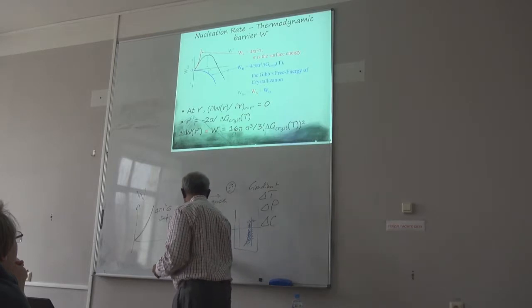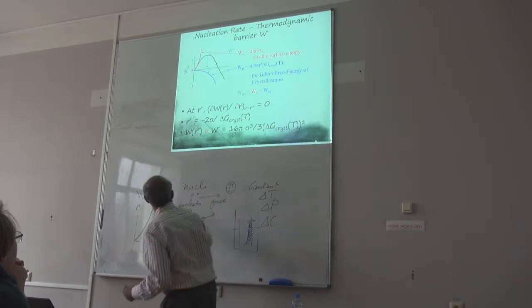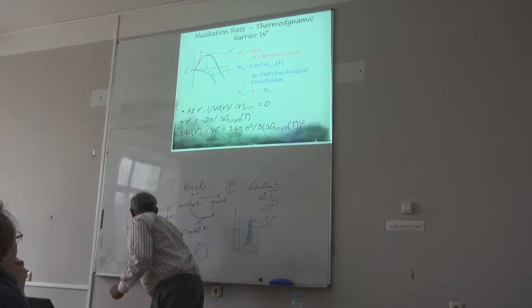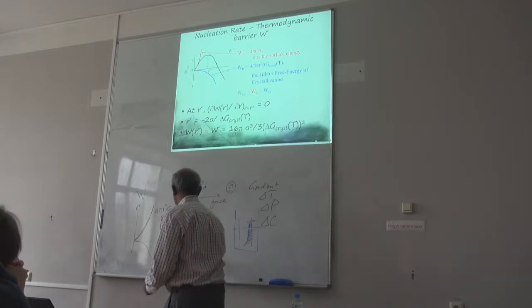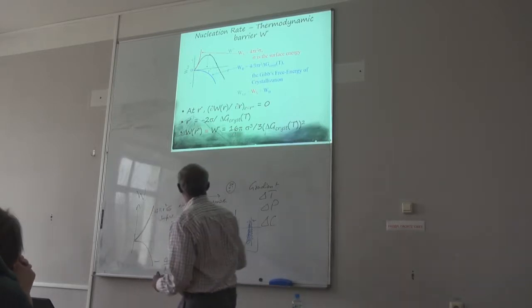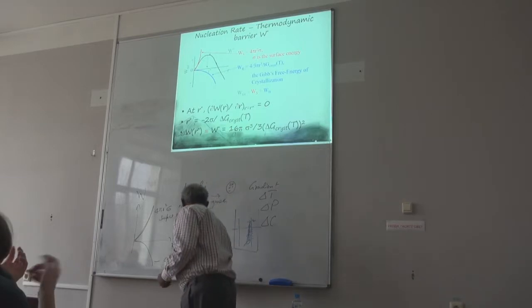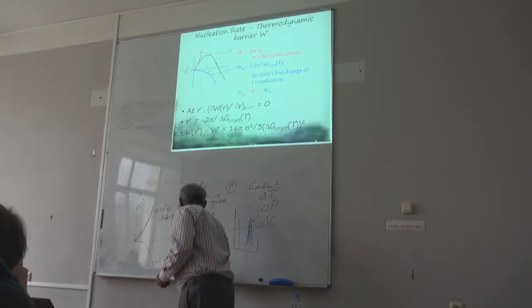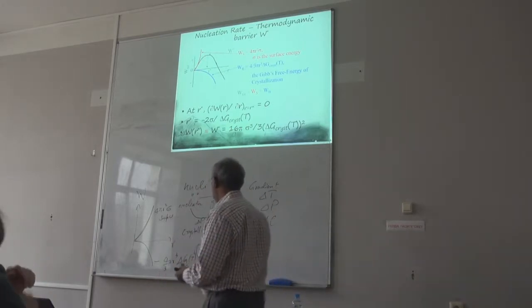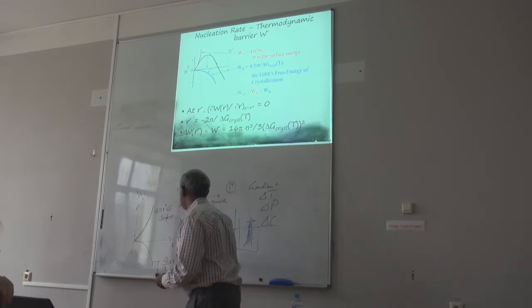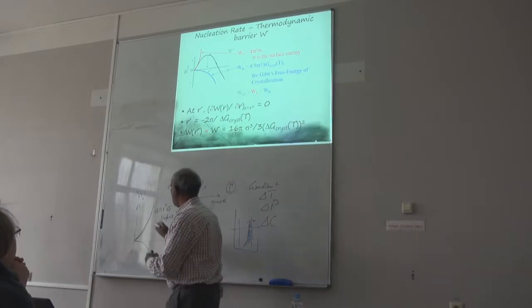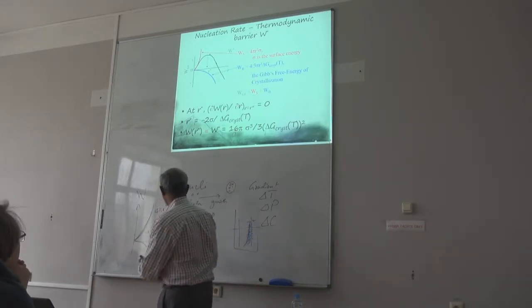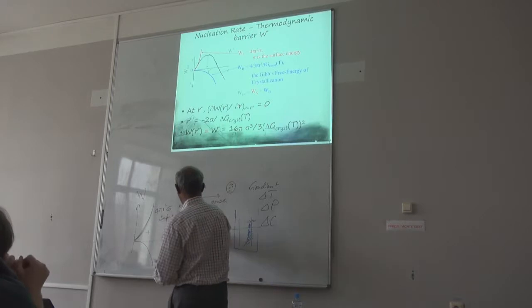The volume energy is actually a negative term, given by the volume, 4/3 pi r cubed, times the Gibbs energy difference. So this is the volume energy, this is the surface energy, and when you add these two, you get something.